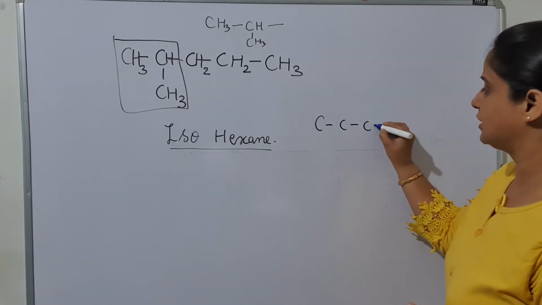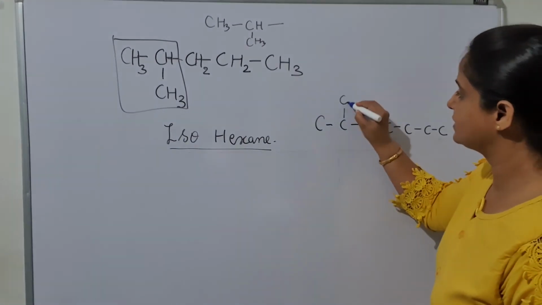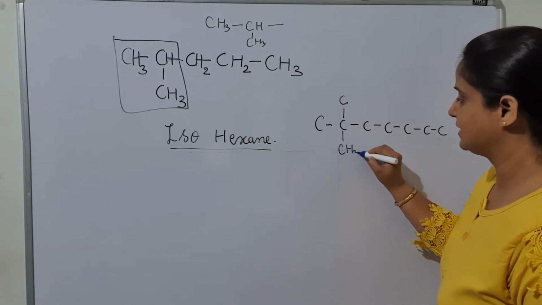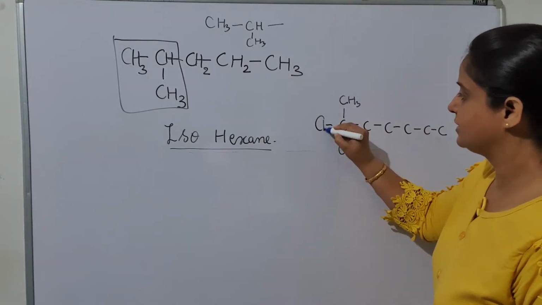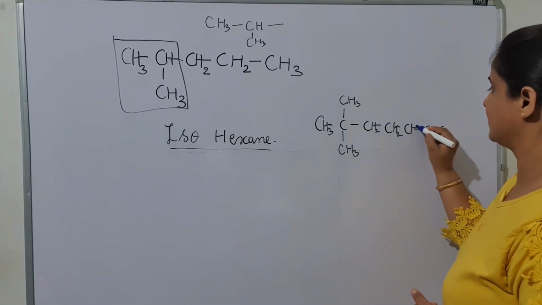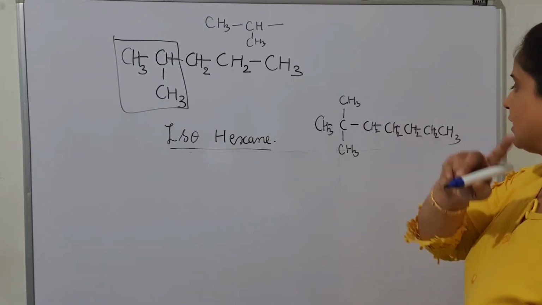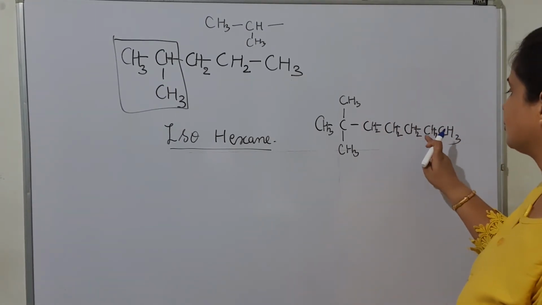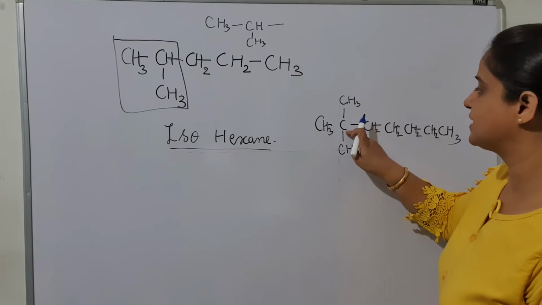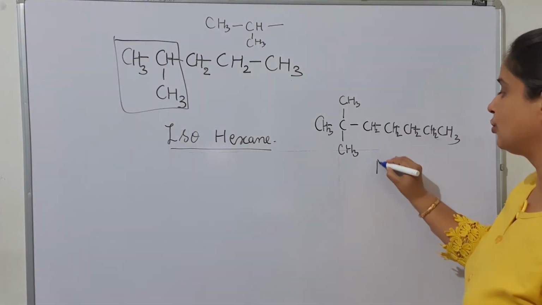1, 2, 3, 4, 5, 6, 7. Look at this compound, CH3, CH3, CH3, CH2, CH2, CH2, CH2 and CH3. How many carbon atoms are there? 1, 2, 3, 4, 5, 6, 7, 8, 9. 9 means this is called nonane.